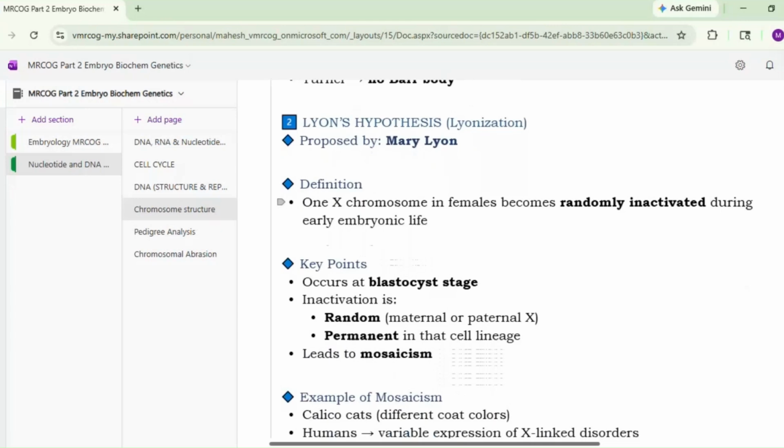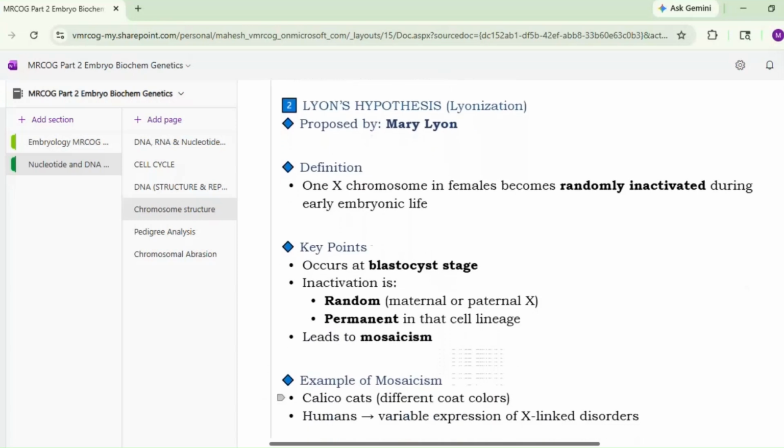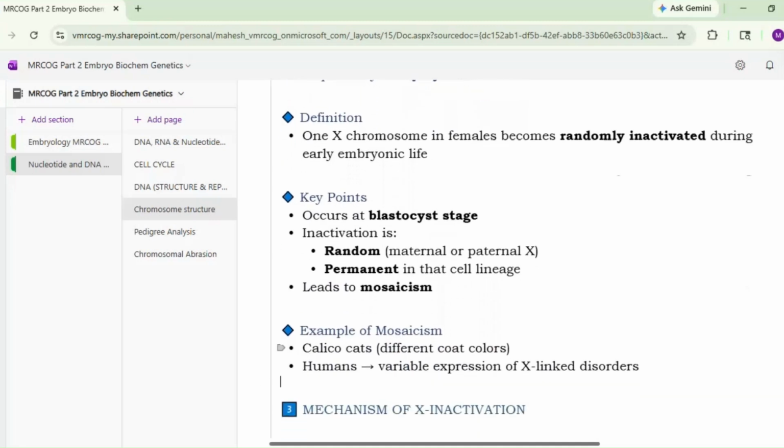Suppose the maternal X is inactivated in a particular cell, it will continue in the subsequent divisions also. So what does it lead to? It leads to mosaicism. Examples of mosaicism are calico cats, with different coat colors, and in humans, variable expression of X-linked disorders. Even X-linked disorders have variable expression, mainly because of this mosaicism.